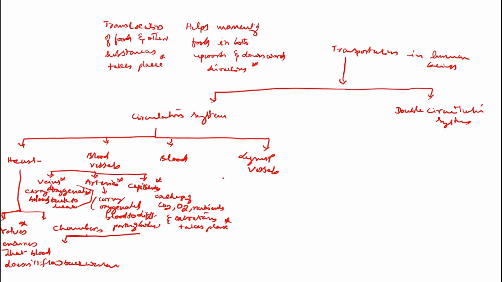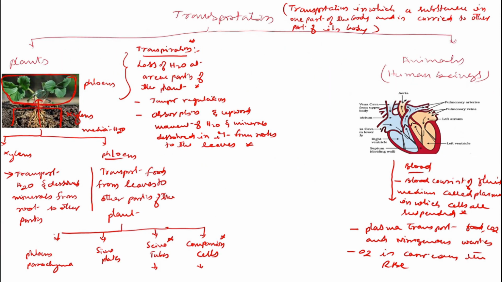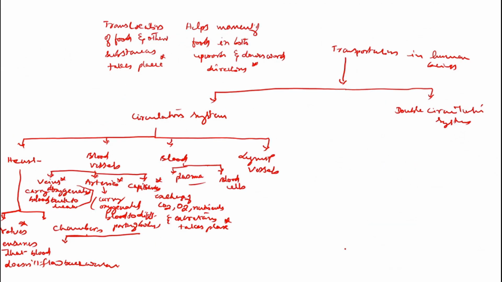Now we will discuss blood. In this again, it is having plasma, and the next one is blood cells. This plasma we have discussed here, and blood cells we will discuss now.